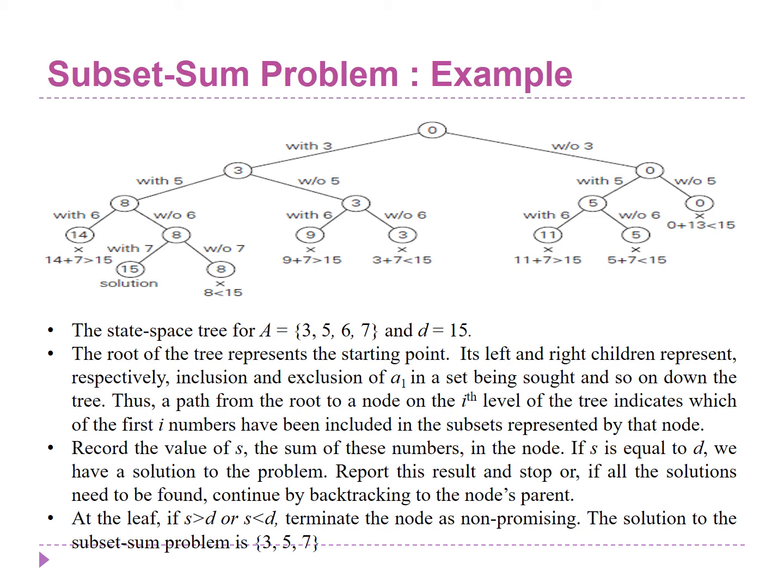So when 3 is included in the subset, the sum of the subset elements is 3 and when 3 is excluded from the subset, the sum of the subset elements is still 0. So the node value represents the sum of the elements in the subset.